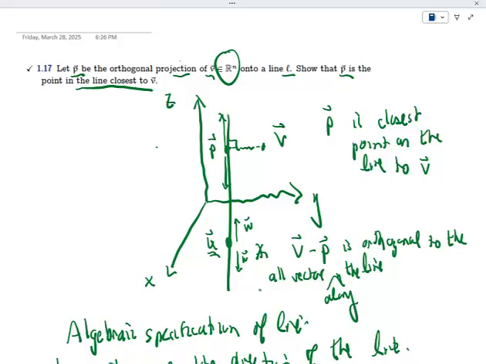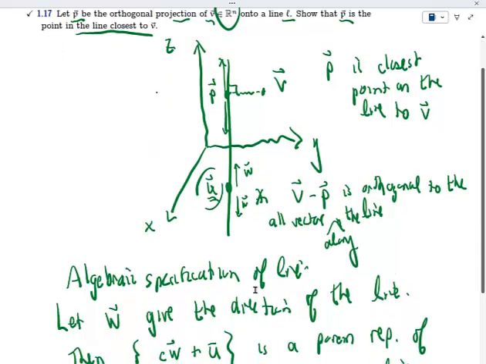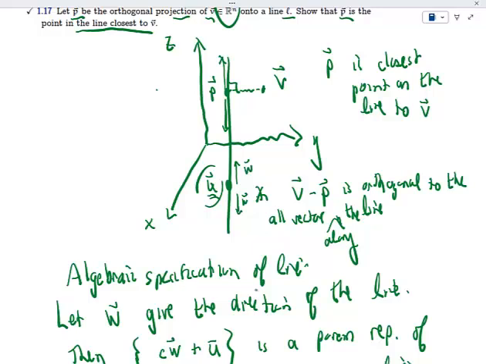So in particular, I could choose that particular point to be equal to P. That's really a key point in this proof: one way to specify this line algebraically is as P plus C times W, where W is a vector.